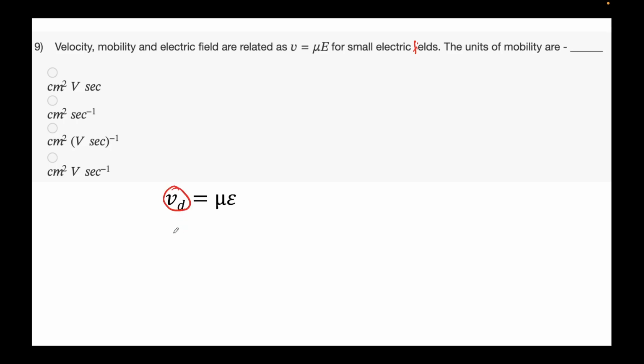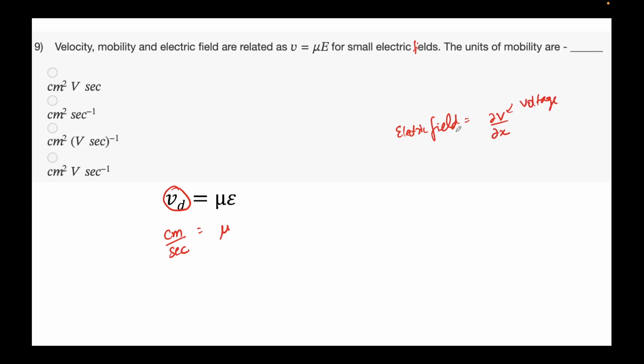The units of velocity are centimeters per second or meters per second; in this course, centimeter is also a unit of distance. Mu we don't know. E is the electric field, and if you recall, it is del V over del x, where V is voltage or potential.